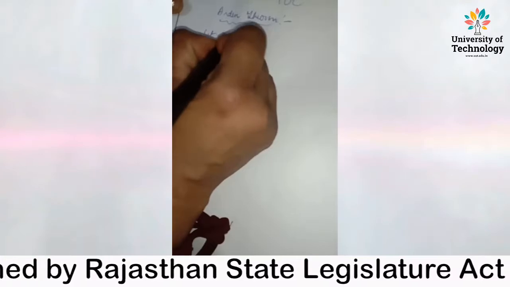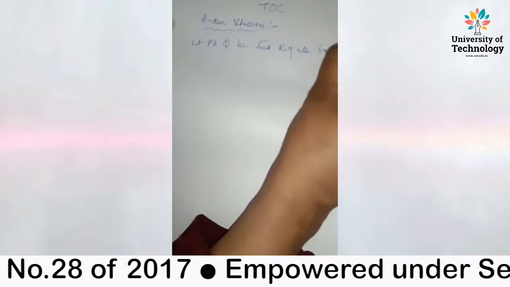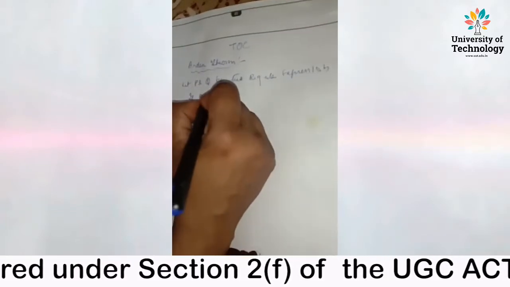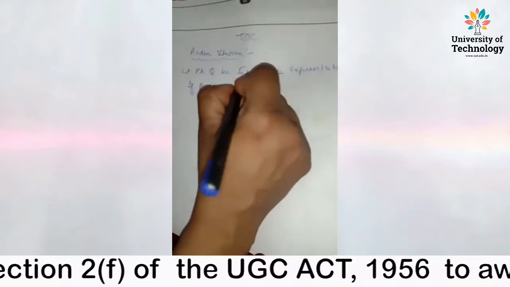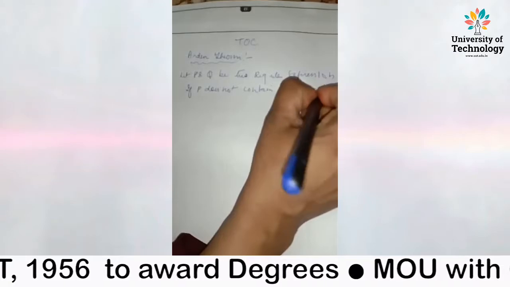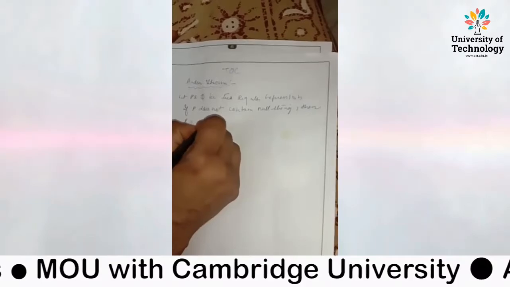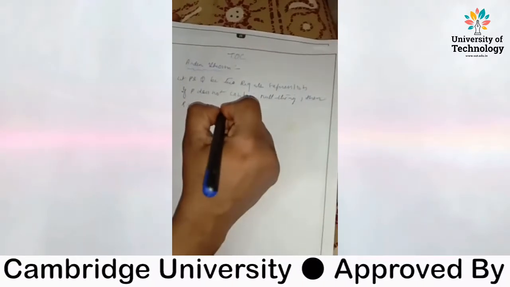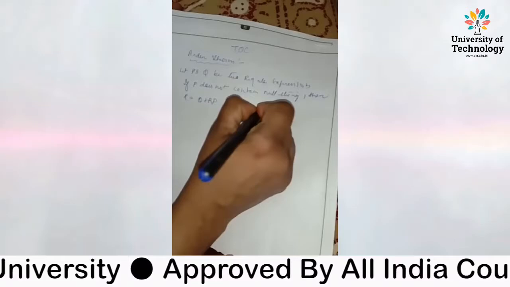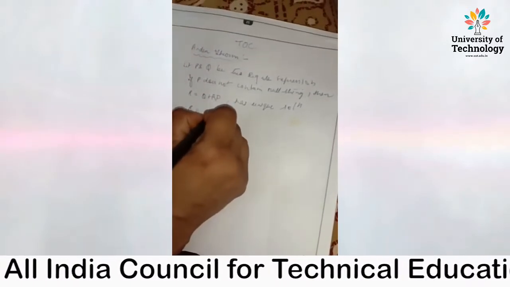Let P and Q be two regular expressions, right? Let us consider P and Q to be any regular expressions, and if P does not contain the null string, then R equals Q plus RP has a unique solution, which can be written as R equals QP asterisk.